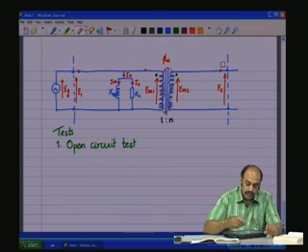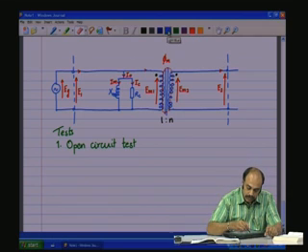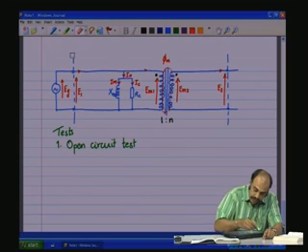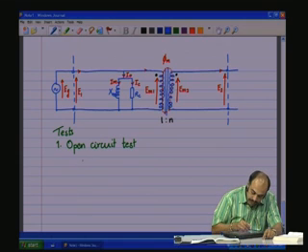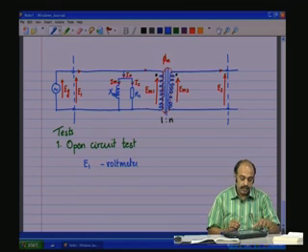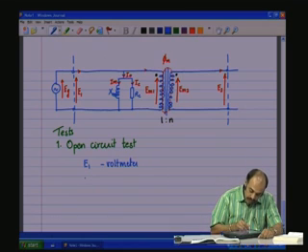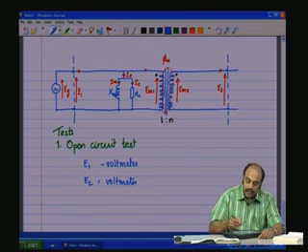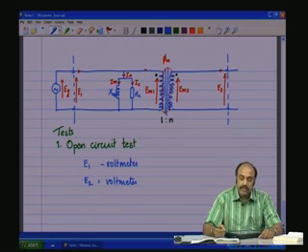Now, what are the things that we can measure? So, under the open circuit test, we measure E1. E1 is measurable with a voltmeter connected across the terminals of the transformer. E2 is measurable with a voltmeter connected across the terminals of the secondary of the practical transformer.